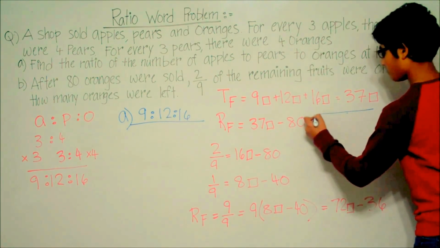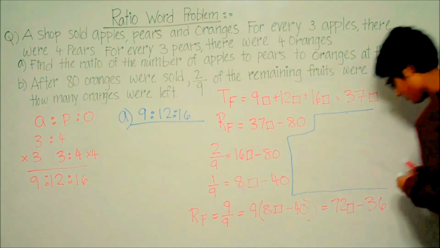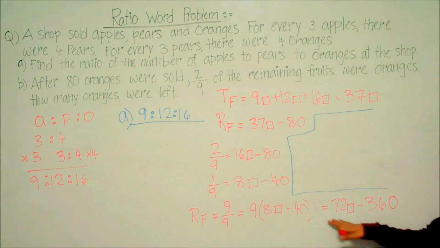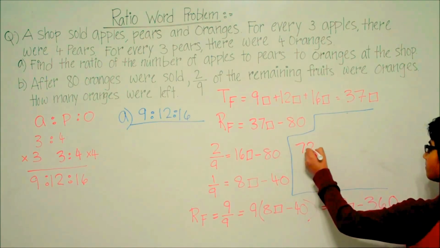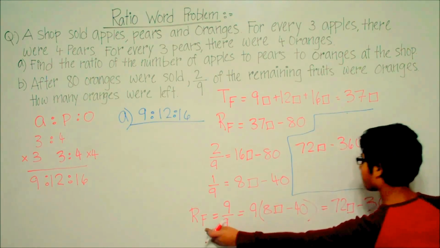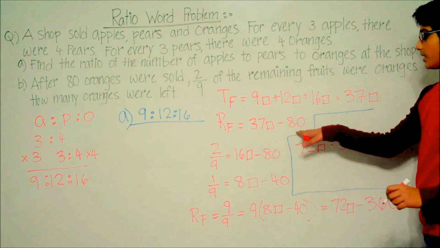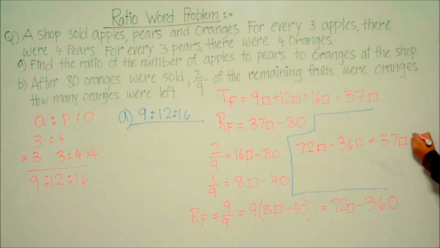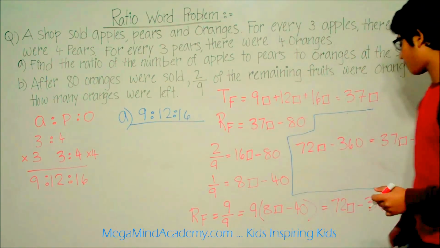Wait, minus 360, not 36. So this means that the remaining fruits, 72 units minus 360, are also equal to 37 units minus 80, because 37 units minus 80 is also equal to the remaining fruits.